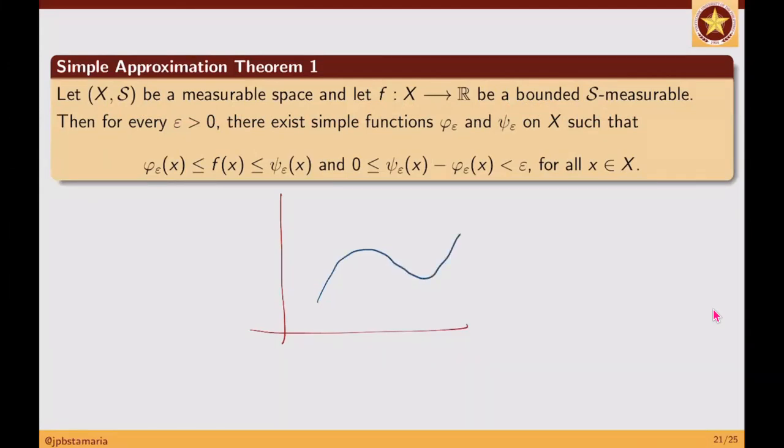According to the theorem, for every epsilon greater than 0, there exists simple function phi epsilon and psi epsilon so that f is squeezed between phi epsilon and psi epsilon, and the distance between phi epsilon and psi epsilon is less than epsilon for all x.